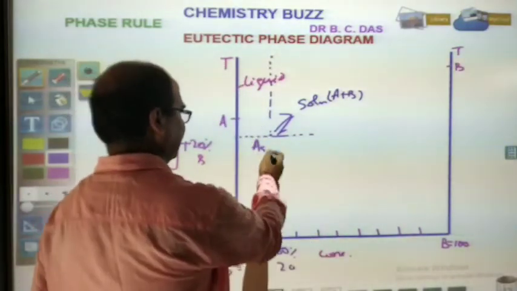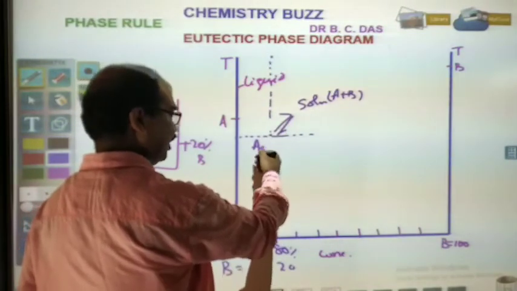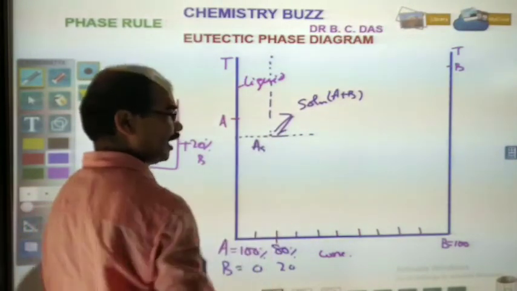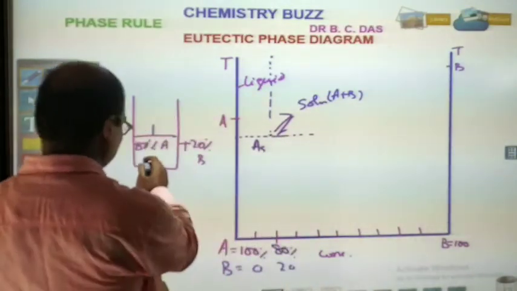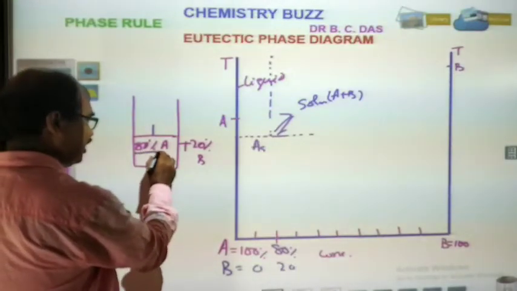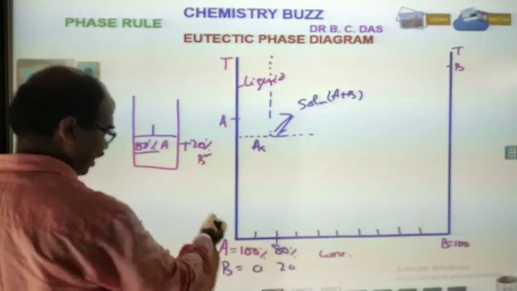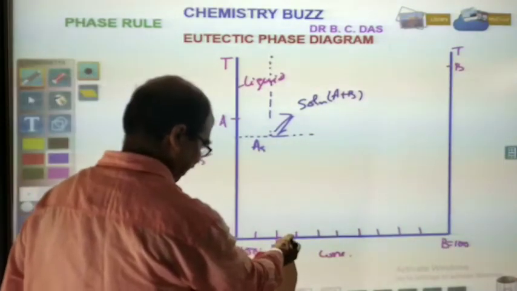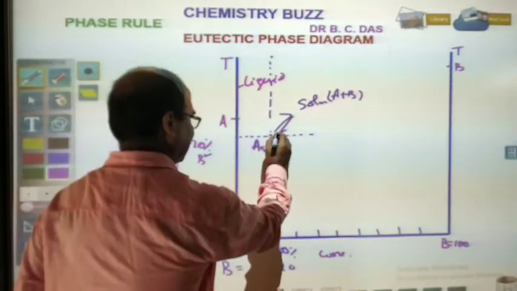If the amount of A separated at this point is 10 gram, then the weight of A in the solution is 70 gram, and B remains the same. The total weight is 90 gram, and the percentage composition becomes 78.2%. So it will be somewhat here.